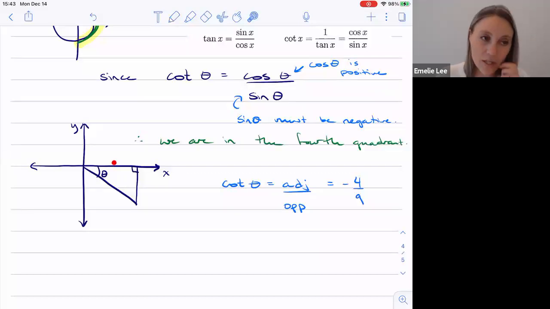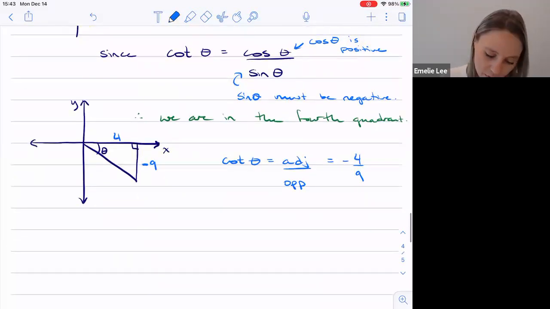The adjacent here, that's not the one that's negative, right? Because it's the positive x-axis, so it has to be a value of 4. But we are going down 9, right? So that's where this -9 is going to come from. And we're going to keep that -9 right there.